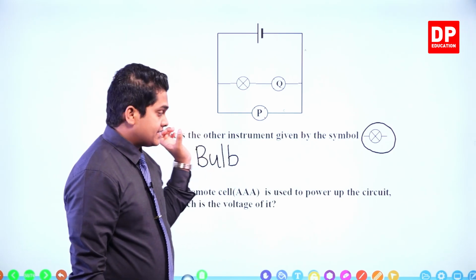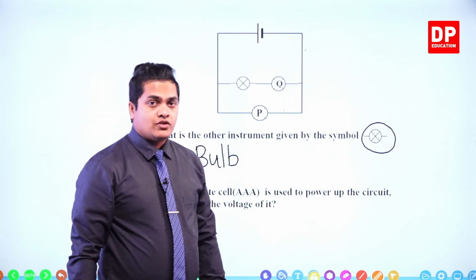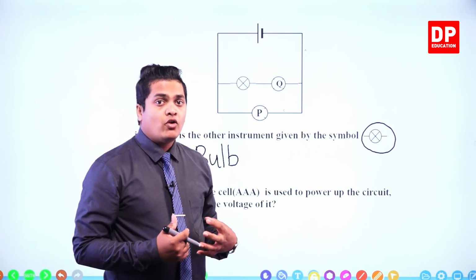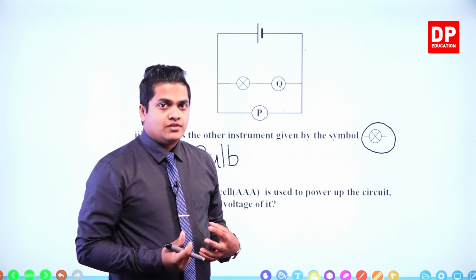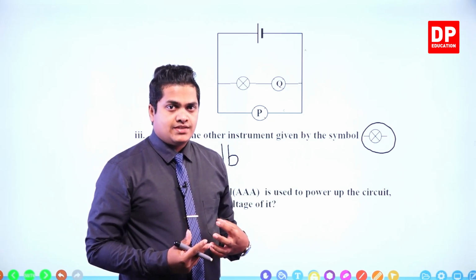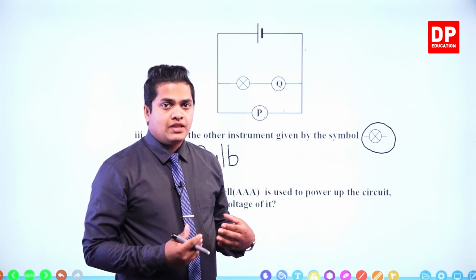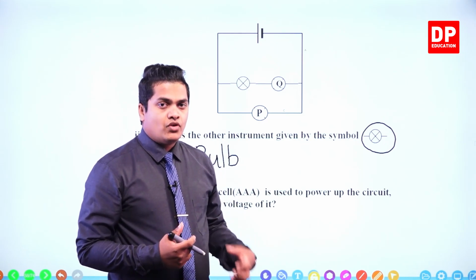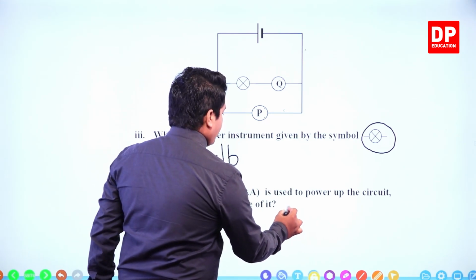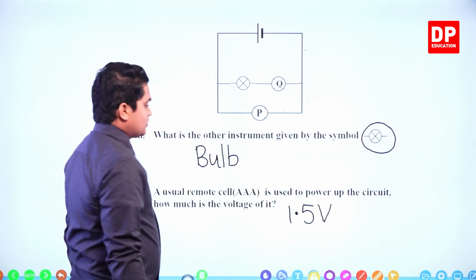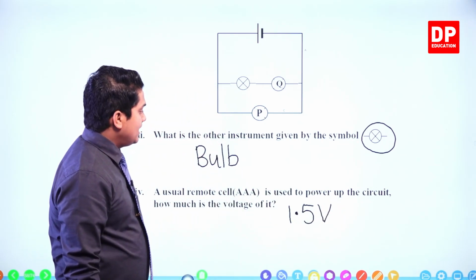The question is asking how much the voltage of it is. We have even measured these things and recorded the observations. In a simple dry cell, an AAA size dry cell, the voltage is about 1.5 volts. So 1.5 volts is the answer.